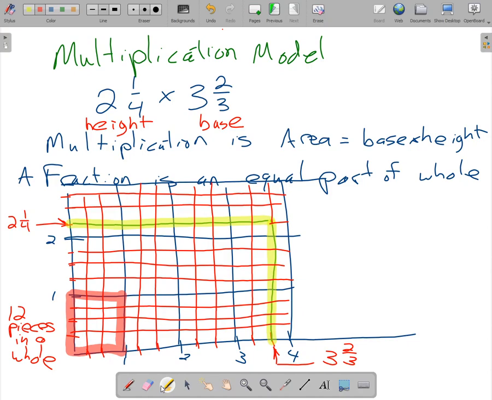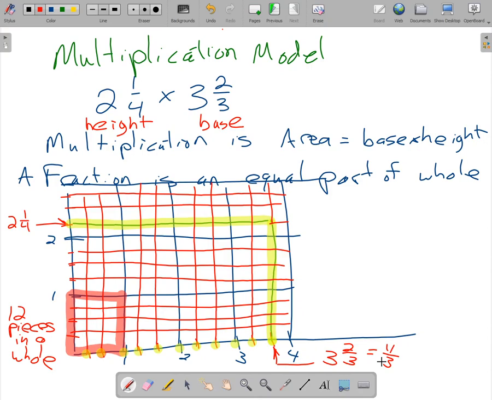So going across, there's 1, 2, yellow, again, 1, 2, 3, 4, 5, 6, 7, 8, 9, 10, 11. So just a note, I could call this right here 11/3. Improper fractions are nice.